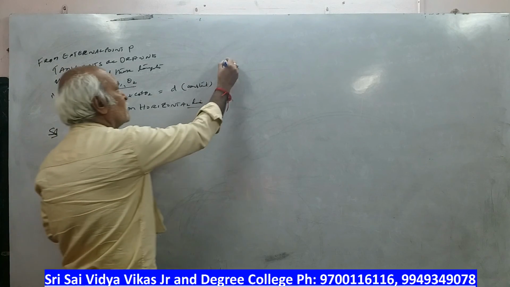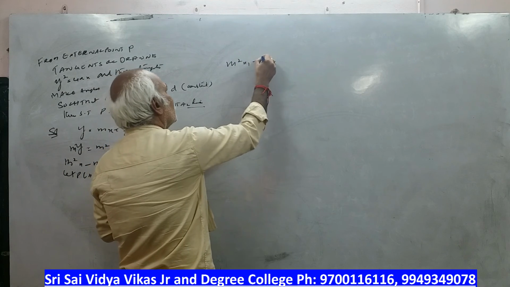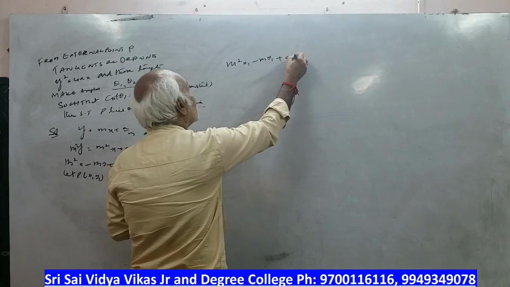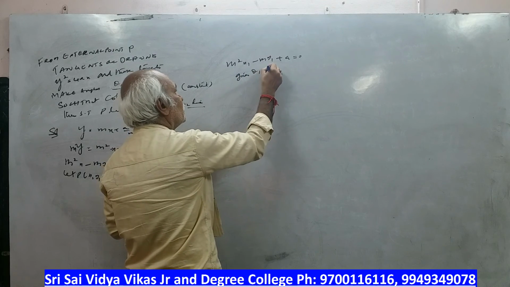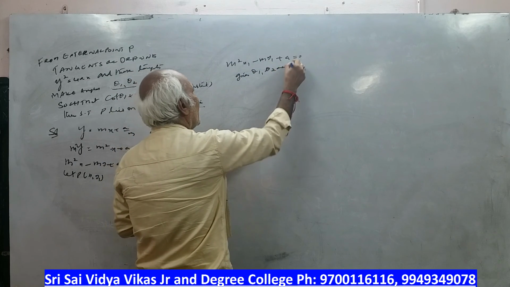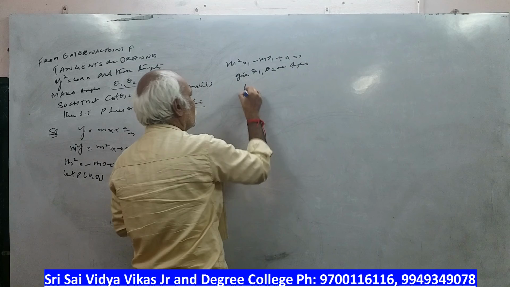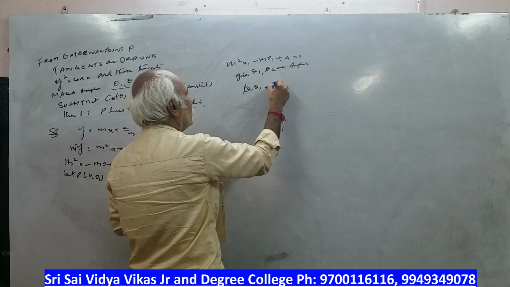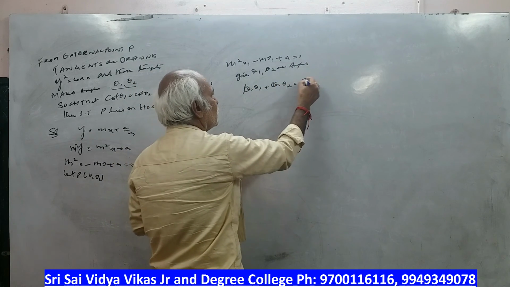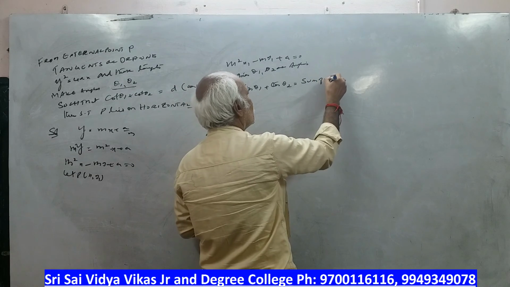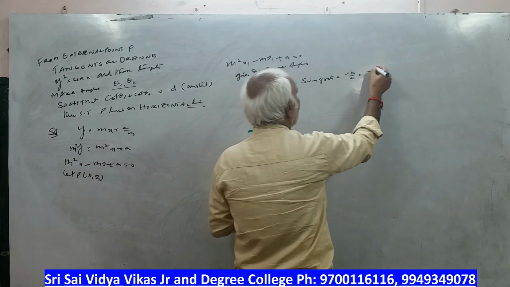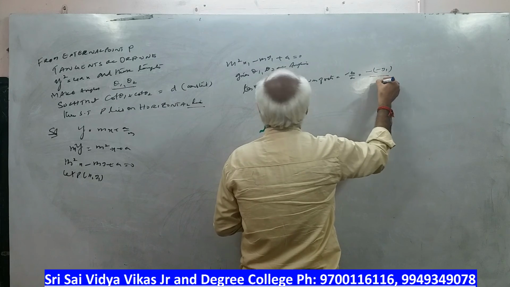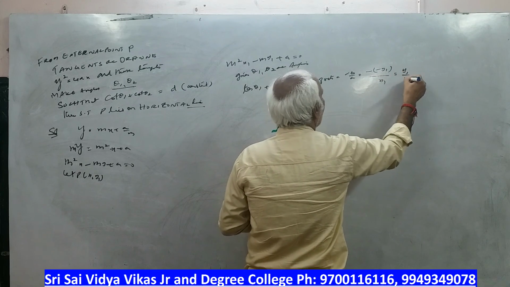Therefore it becomes m square x1 minus my1 plus a is equal to 0. Given theta 1 and theta 2 are the angles, therefore tan theta 1 plus tan theta 2, the sum of the roots, is equal to minus b by a, as we have just seen. So minus of minus y1 by x1, which is y1 by x1.